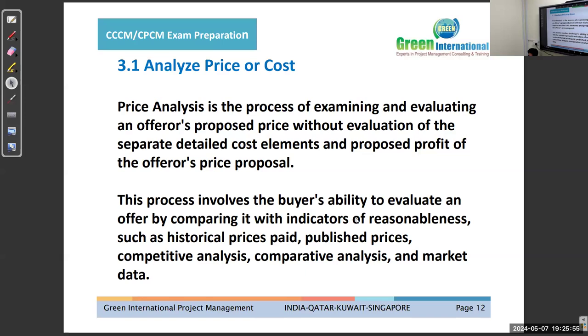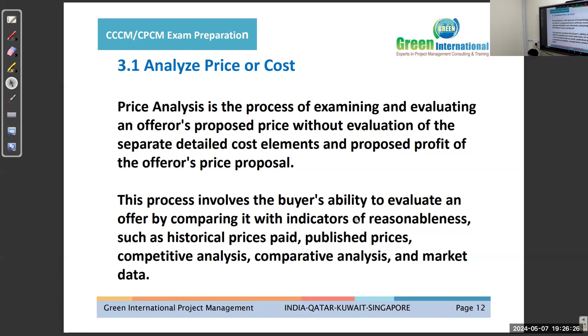So we'll go through competency 3.1, which is analyze price and cost. As you can see from its name, it's self-explanatory. Once you are receiving any cost, any price from one vendor, from one seller who is selling his product, you have selected him based on some criteria, and you are asking him for some price proposal, some quotation.